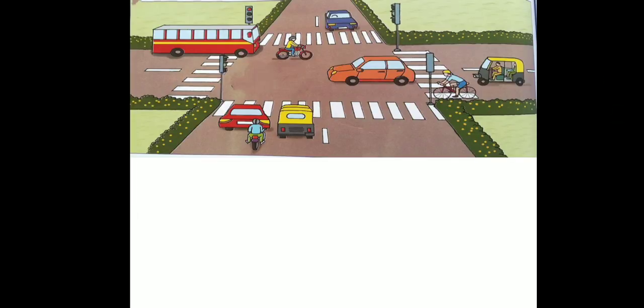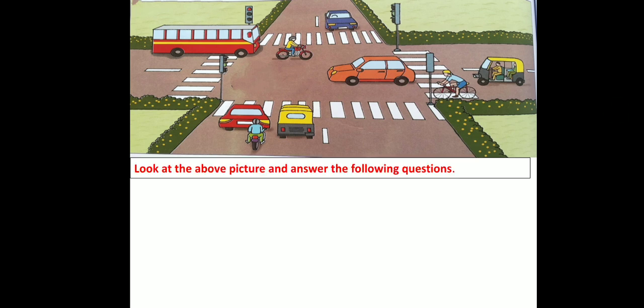Now, observing the same picture, we are going to answer some other questions related to this picture. The first question is, name the vehicles that have stopped at the red signal. Now here you can see on all the 4 points there are signal lights, traffic signal lights. Now you can see the red light is on. So there are some vehicles which have stopped.